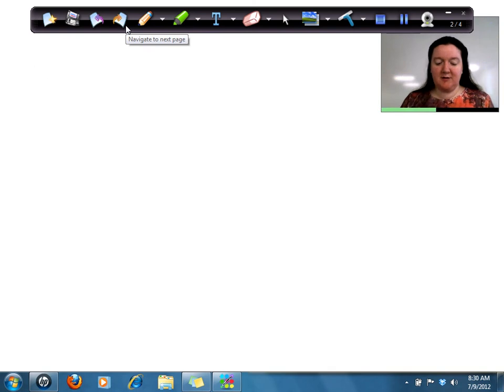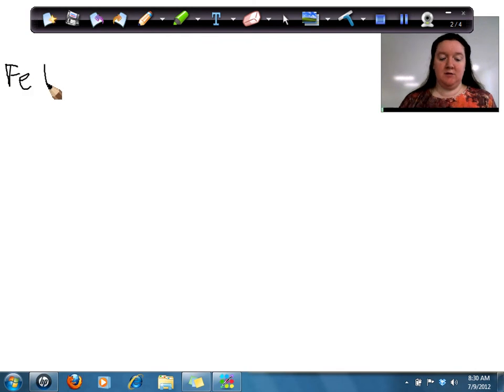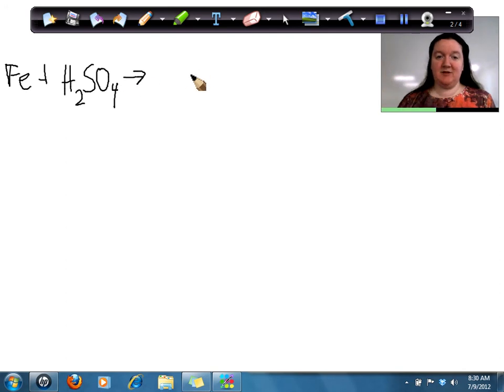Let's look at another example, number 4. Here we have iron, Fe, and we're adding sulfuric acid, H2SO4. And that's going to iron 3, Fe2(SO4)3, plus hydrogen.